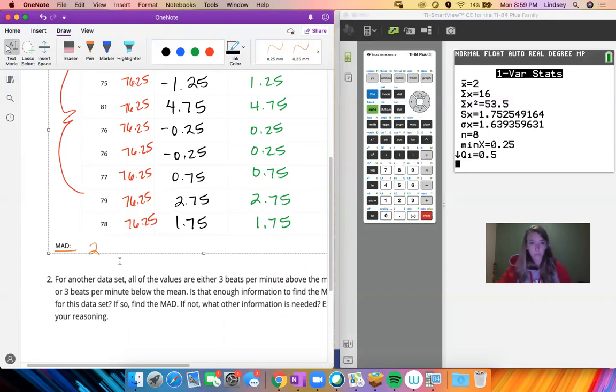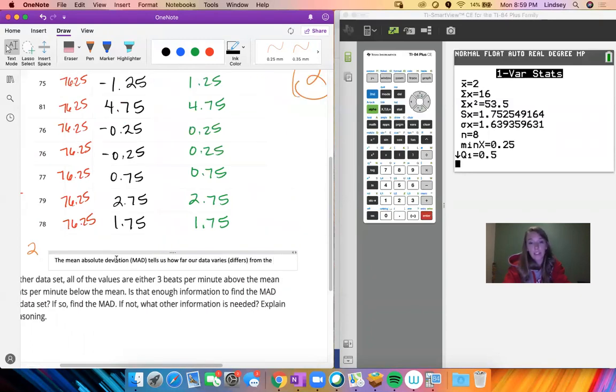Okay, the mean absolute deviation, or the MAD, tells us how far our data varies or differs, you would rather use that word, from the mean or the average.